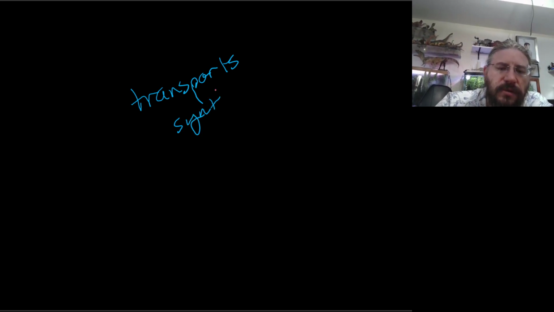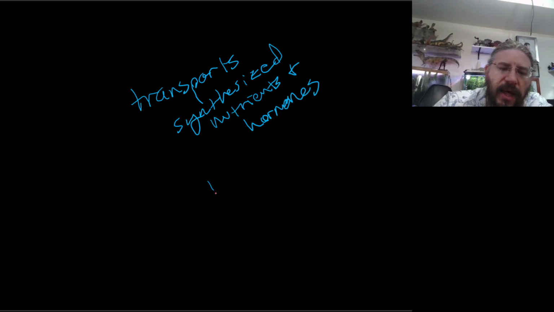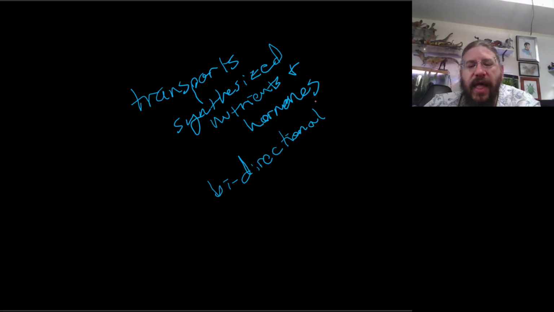And it is bidirectional. That's because lots of parts of the plant are producing nutrients, so it has to be able to flow back and forth.